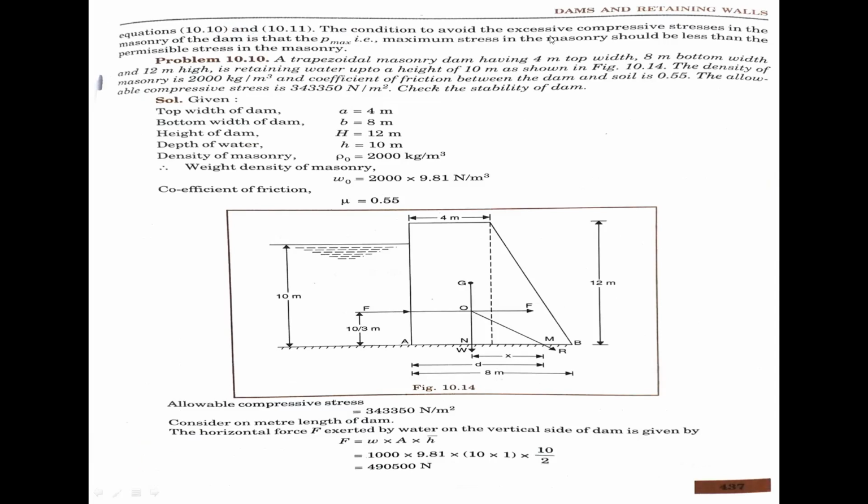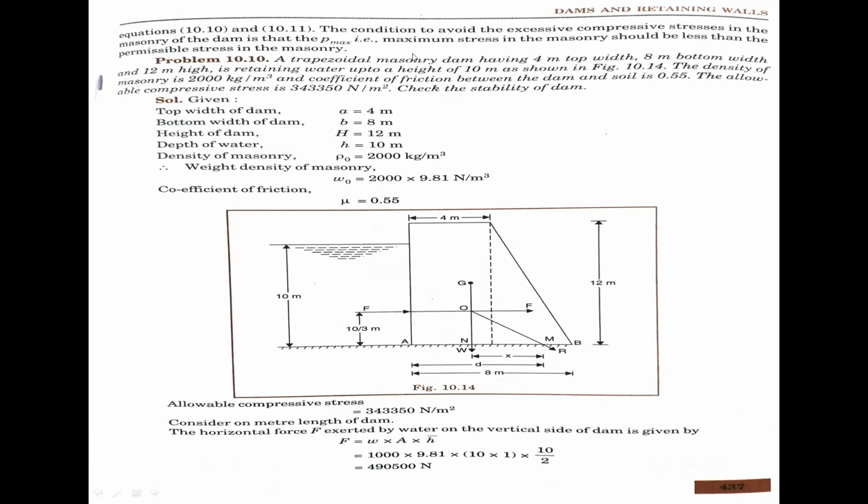The condition to avoid excessive compressive stresses in the masonry of the dam is that P maximum, that is the maximum stress in the masonry, should be less than the permissible stress in the masonry. You have to satisfy this condition, taking equations 10.10 and 10.11.